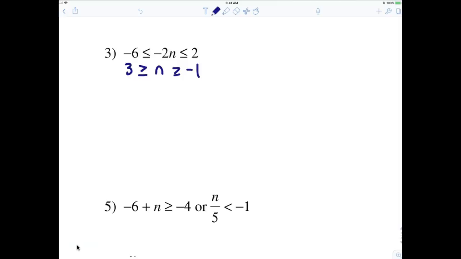If you write that, people will know you have the answer, but that's not the traditional way that we write it, because we write the smaller number first. So you would rewrite it as -1 and 3, switching the signs. To me, it's easier to say that n is between -1 and 3. So we would just say bracket -1, 3.